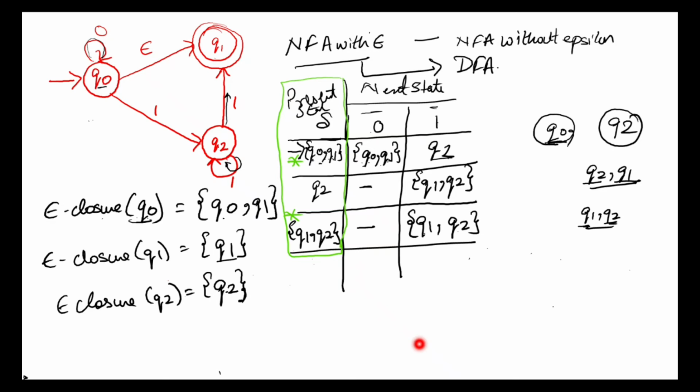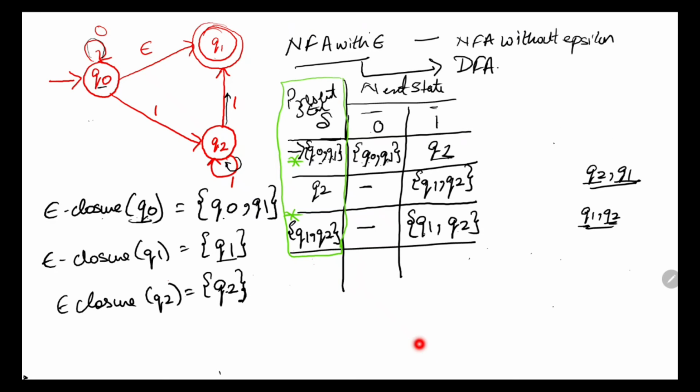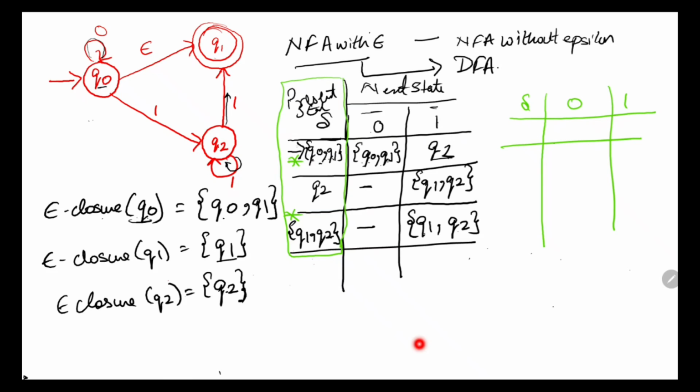If we want, we can rename these states and rewrite the transition table. Let's consider 0, 1, delta. Consider this as A, this as B and this as C. Fine. So what will our transition table become? A, B and C. Perfect. A is the initial state, it is the final state as well.